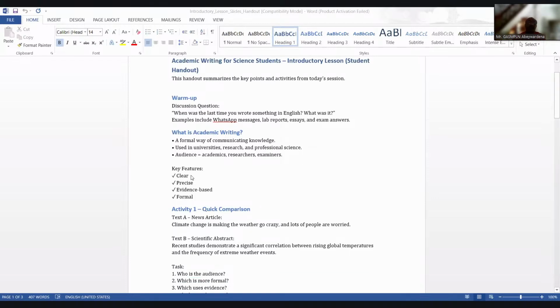It should be clear. Sometimes when you use heavy words, the idea may be vague. Vague means unclear, right? But you have to write clearly. Second one, precise. Precise means brief, right? To the point. Don't go round and round. You have to straight away say whatever you want to say.